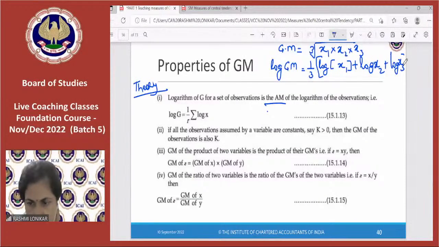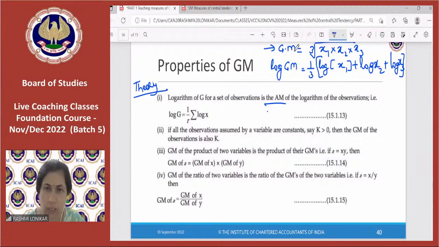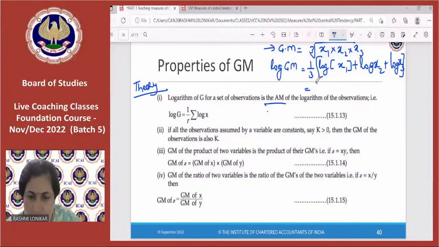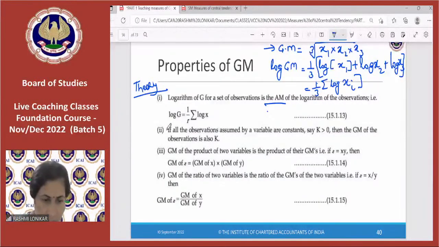You have studied in the first chapter how to calculate log. So this is the log of geometric mean. I apply logarithm on both sides, and this is written as 1 upon 3 summation of log of xi, i going from 1 to 3. Okay, that is the first property.